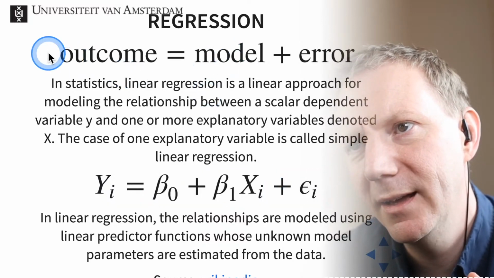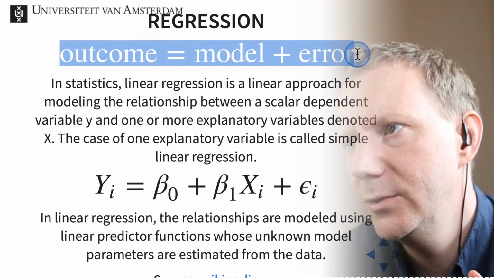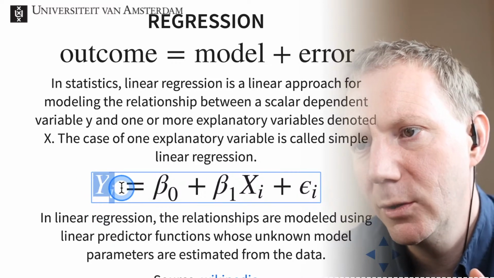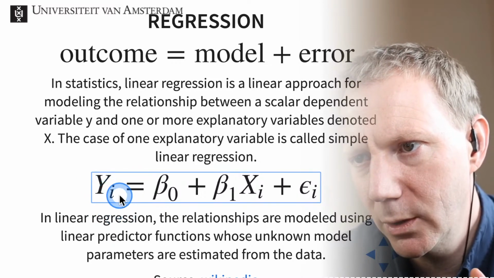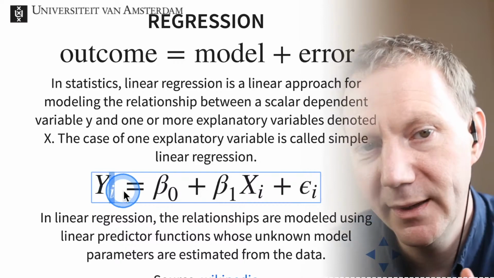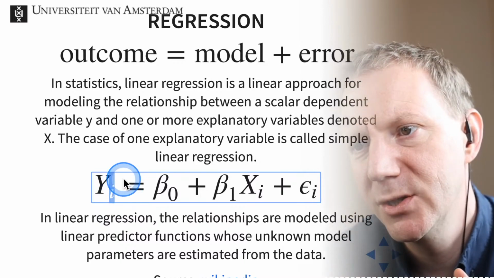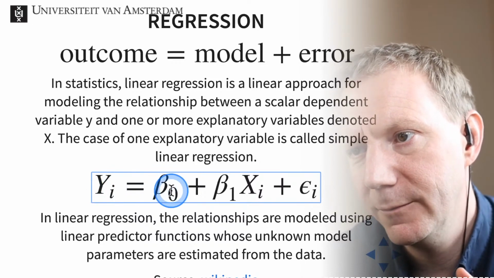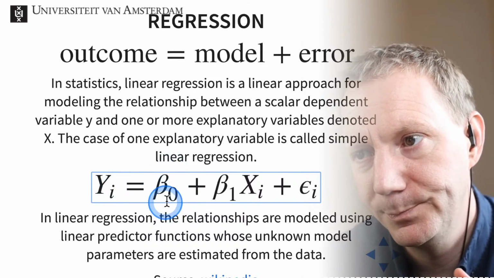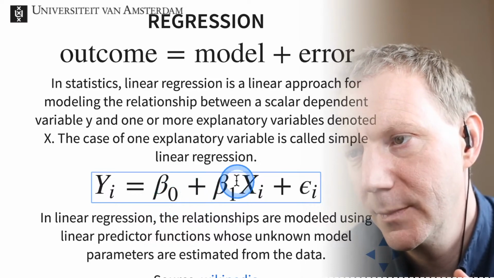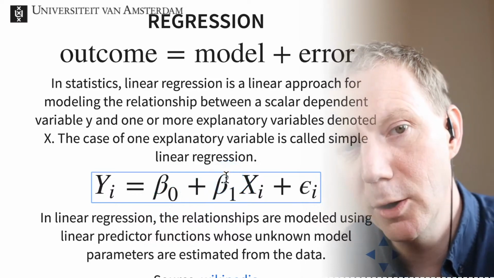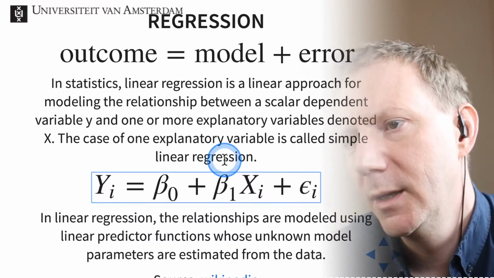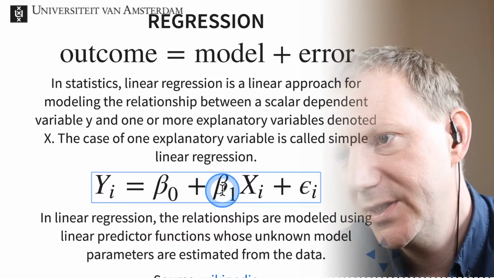So Field always uses this, but formally it states that your actual score, meaning that it's an individual again, so the score for a specific individual, is the result of an intercept plus a slope, or a weight. You could also call it a weight. So this is a number, this is a number.